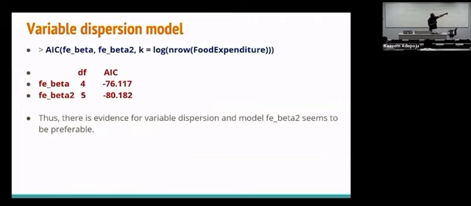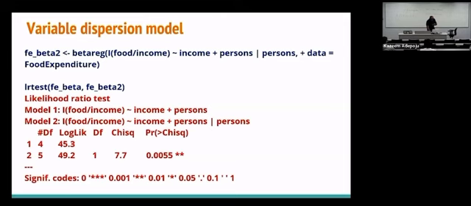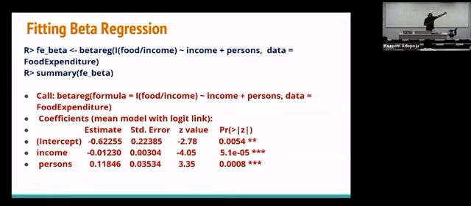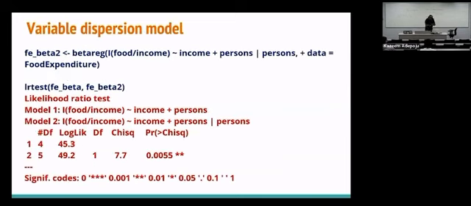Look at that, FE beta and FE beta 2. The FE beta is when I'm assuming equal expansion, when I did not incorporate any predictor to adjust for heteroscedasticity. And the second one is when I incorporate.